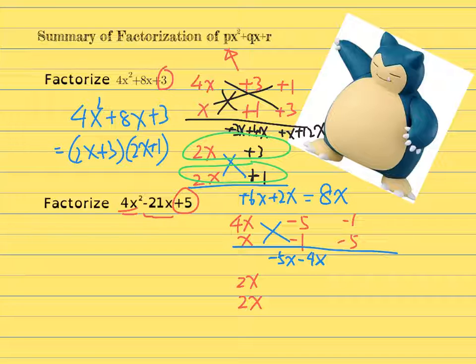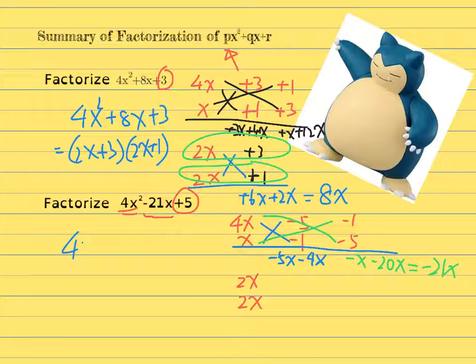However, if you do it with the other set, then you can see that negative 1 times x, you get negative x. And then negative 5 times 4x, you get negative 20x. So when you add these up, you get negative 21x. So it matches our middle term. So now you can get it horizontally.